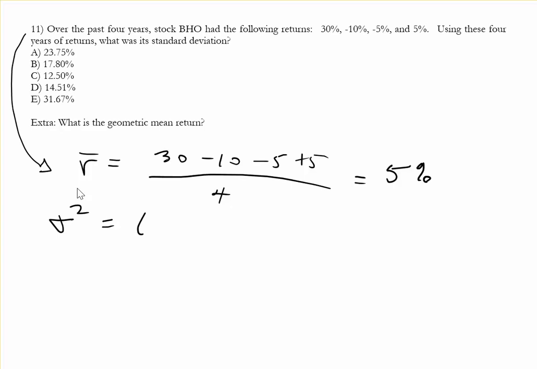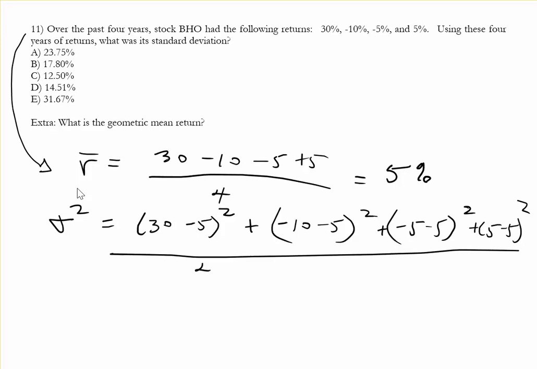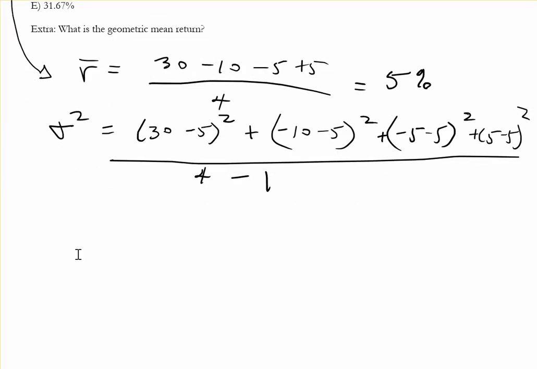The variance is the sum of the squared deviations from the mean divided by the observations minus 1. So remember that minus 1. So we sum everything in the numerator, divide by 3.